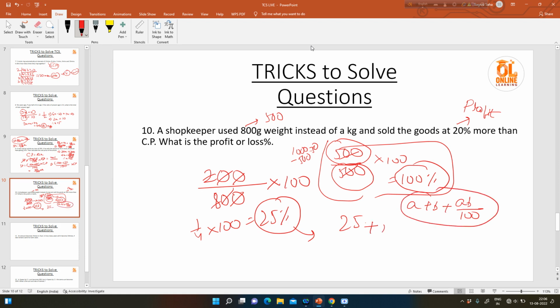That would be 25 plus 20 plus 25 into 20 by 100. Now if you solve it, 25 into 20 would be 500 by 100, that is 5. So 45 plus 5, so his total profit is 50%, right?